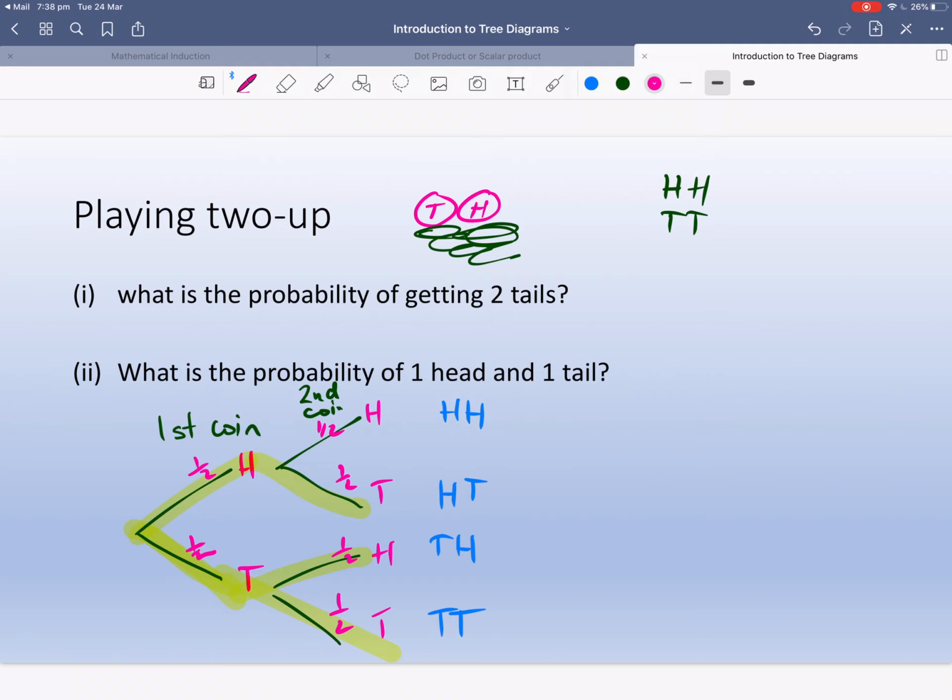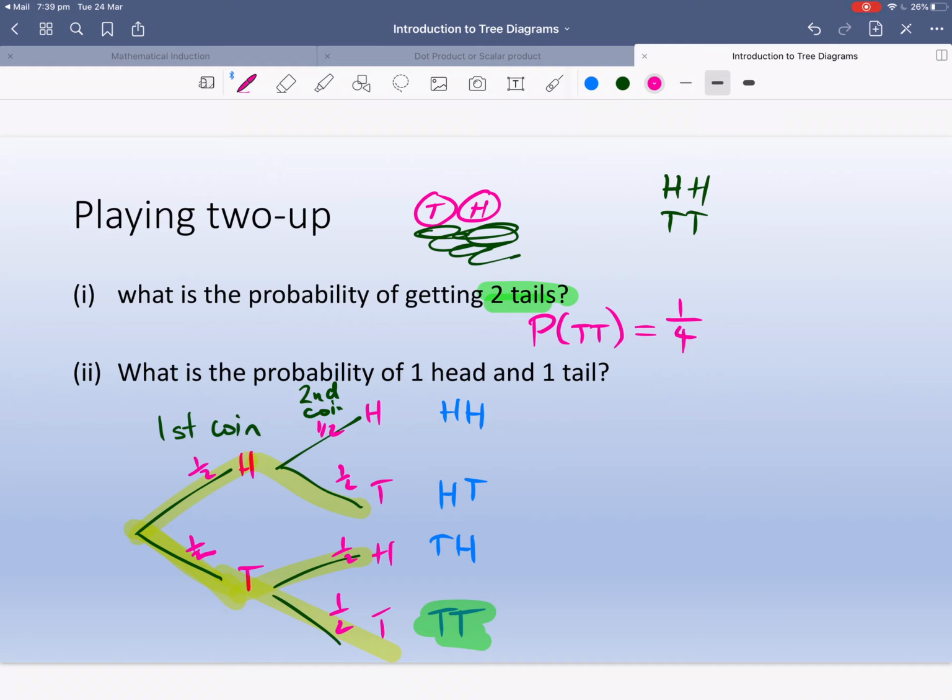So I'm going to ask the first question. What is the probability of getting 2 tails? Well, it's just that one there out of how many outcomes? 1, 2, 3, 4. So the probability of getting, remember we have to write our notation, 2 tails is actually 1 out of 4.